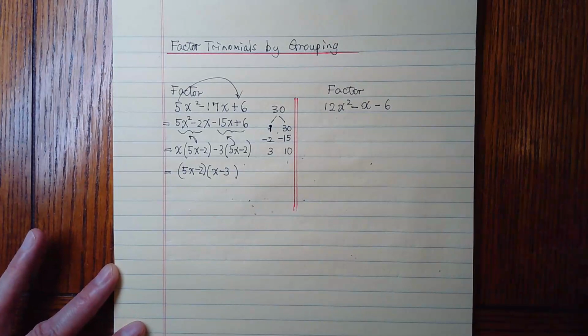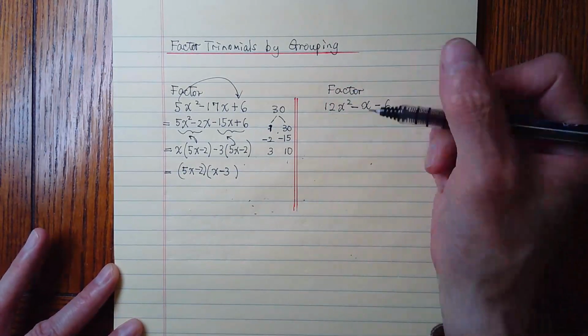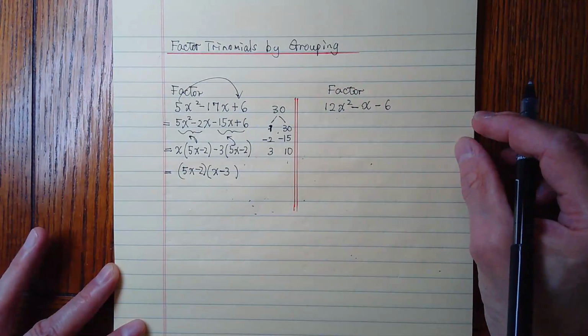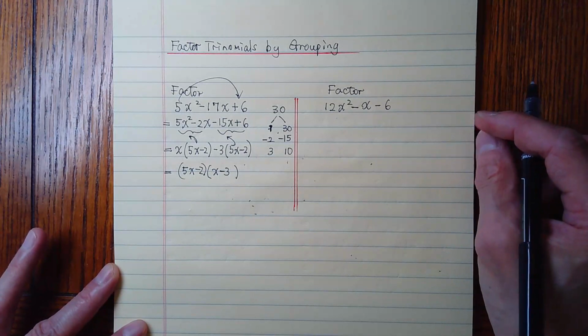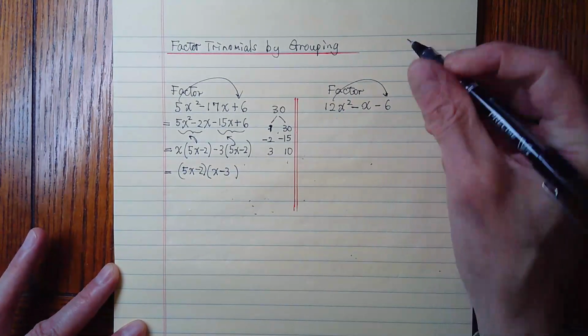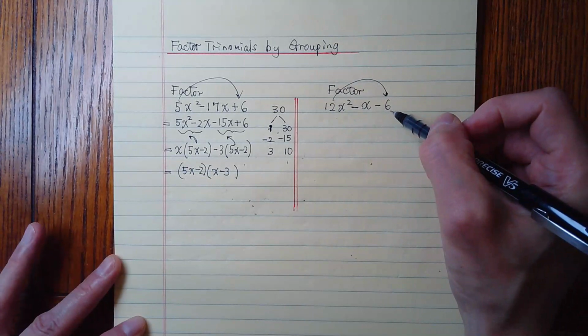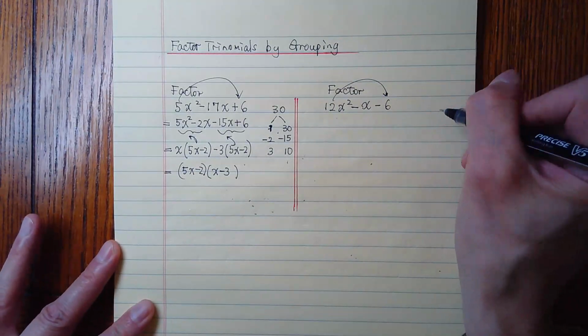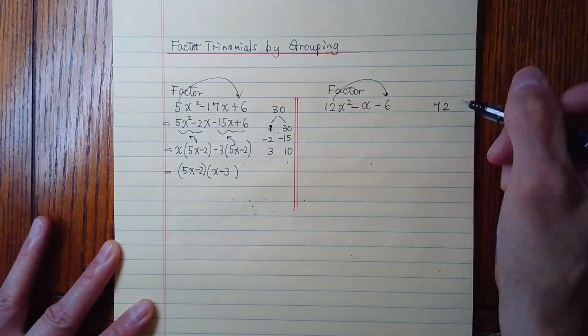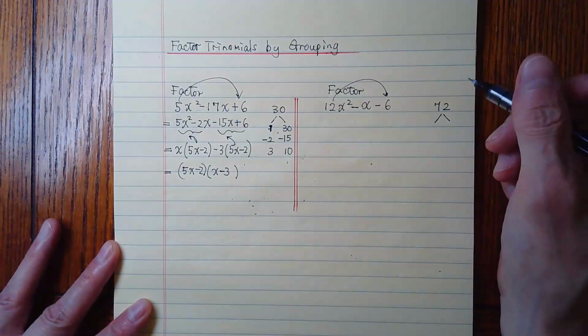Let's do one more example here. All right. We have 12x squared minus x minus 6. The first step is you're going to multiply the leading coefficient by the number at the end. So 12 times 6 is 72. We're going to break down the 72.